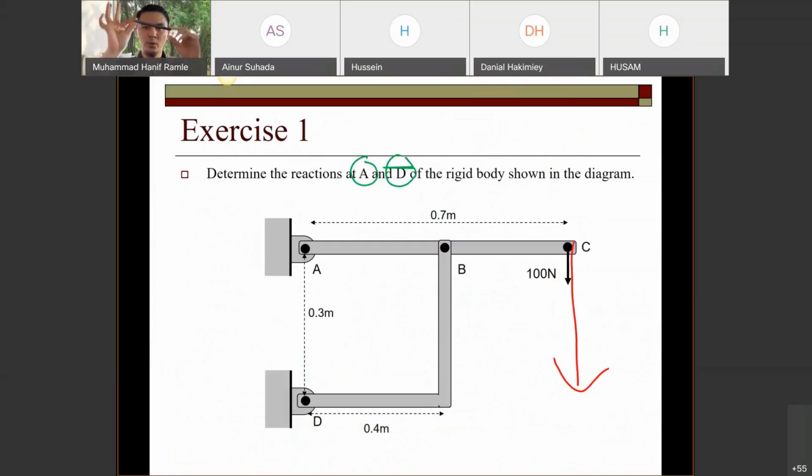So at point A, the reaction opposes this force, must be this way, to maintain the equilibrium of the system. Imagination is another way to check the answer.